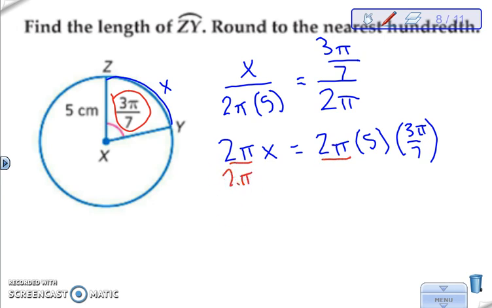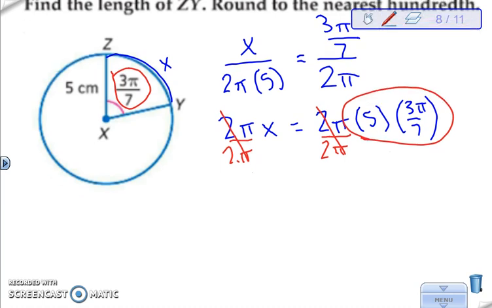Well, if I'm multiplying both sides by 2 pi, then I can basically just divide it out. And so really what I want to type on my calculator is just 5 times the fraction 3 pi over 7. Once again, it says to round to the hundredths place. So I should get about 6.73 centimeters.